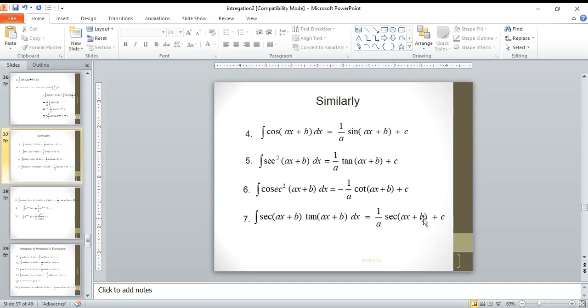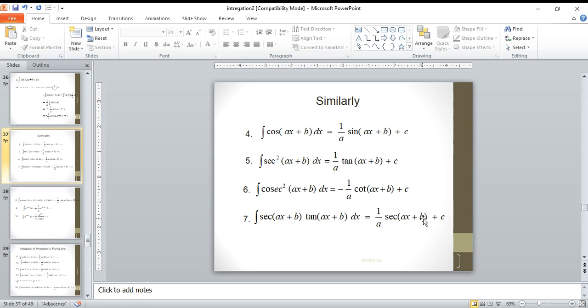Similarly, integration of cos ax plus b dx equals 1 by a into sin ax plus b. Integration of secant square ax plus b equals 1 by a tan ax plus b. Cosecant square ax plus b dx equals minus 1 by a cot ax plus b. Just take 1 by a common in ax plus b.